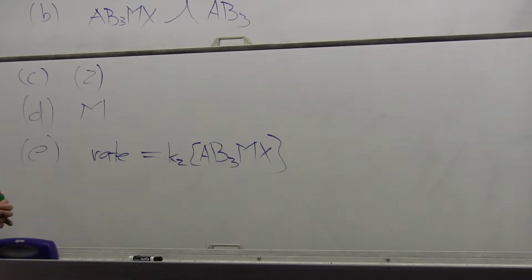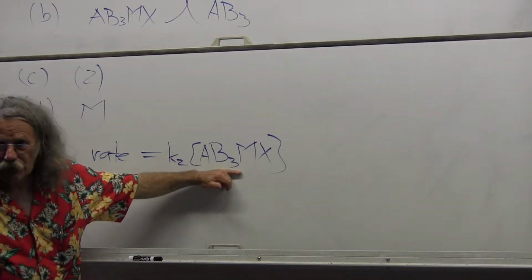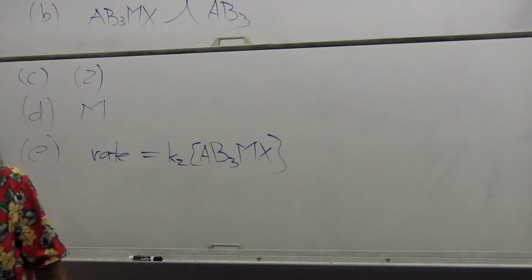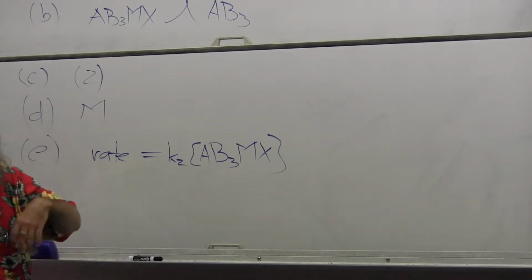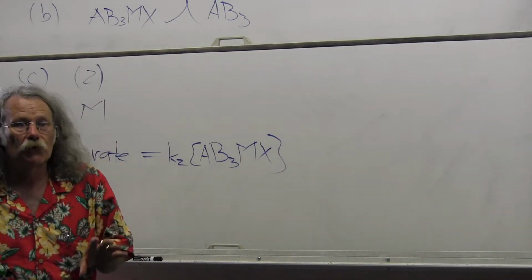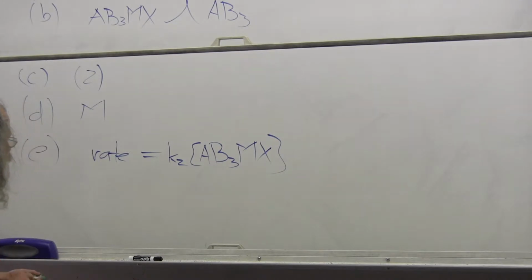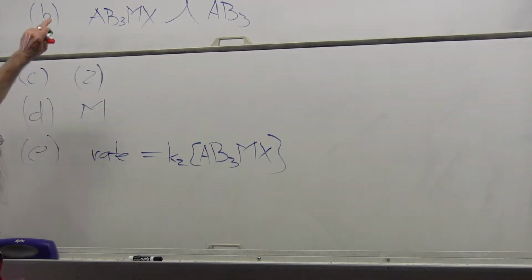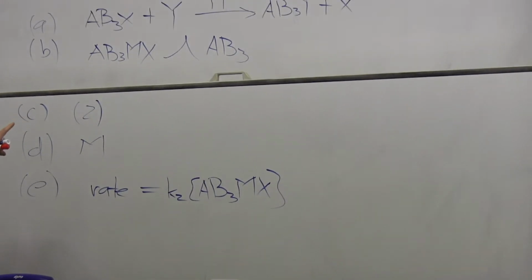Now, having done that, I have to deal with the fact that this is an intermediate species. It's not something that I can control. So we have to re-express this in terms of things that we can control, because we can only observe what we can control. The things that we could change the concentration of. So I want to take advantage of the first step being a fast equilibrium step.